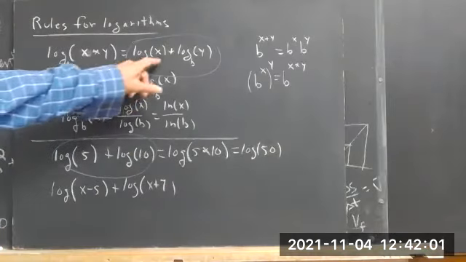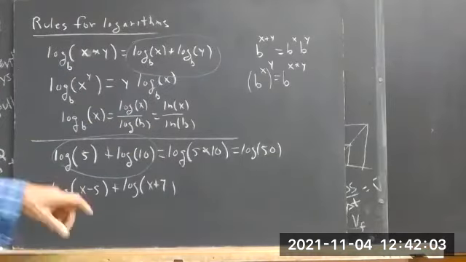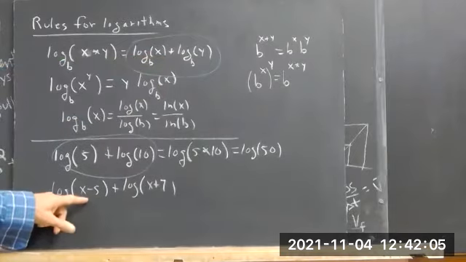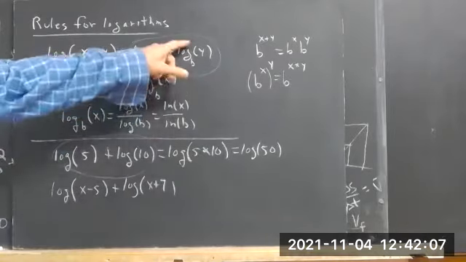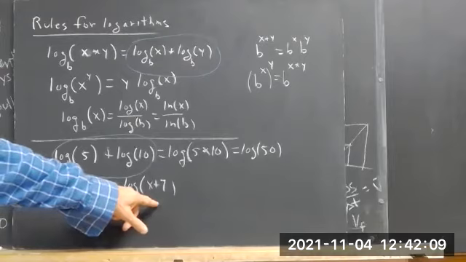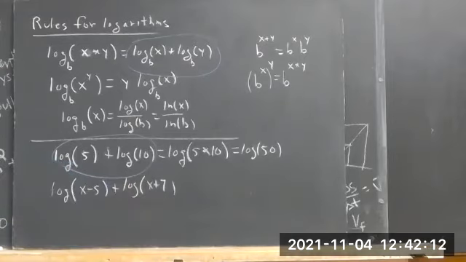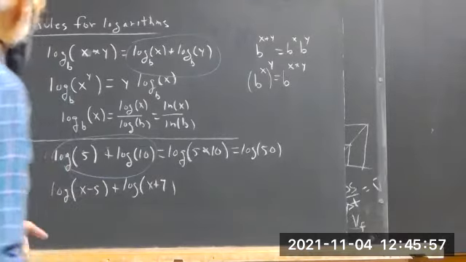How about this? Log of now, I've used x and y up here, but now x is going to be x minus 5 instead of y, you're going to have x plus 7, right? Looks pretty good, but let's write this out real carefully, okay?